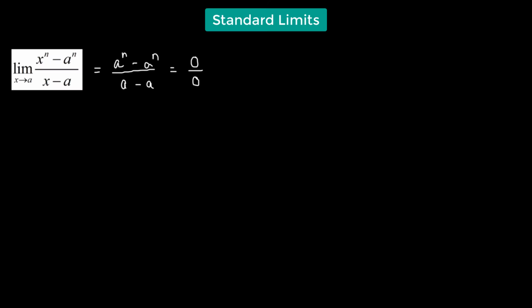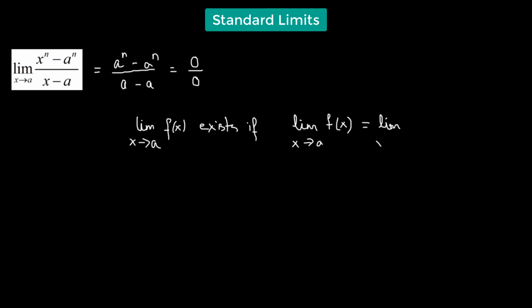So here, in order to find the limiting value, we're going to use the definition that the limit of a function f(x) when x approaches a is said to exist if the limiting value of x approaching a from the left hand side is equal to the limiting value of x when it approaches a from the right hand side.